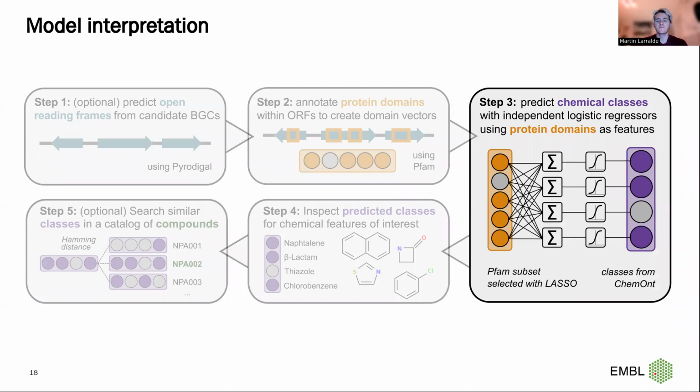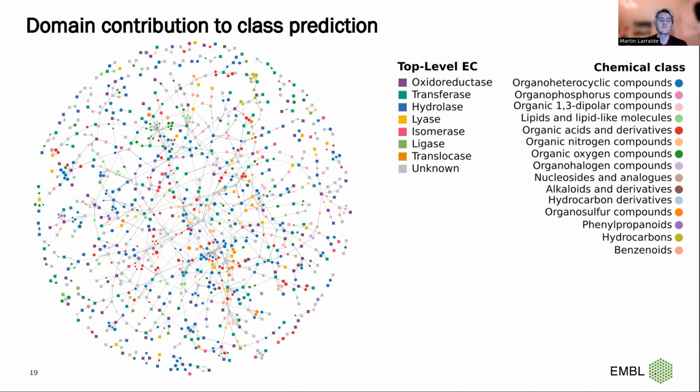Finally, one of the key interesting results of using a logistic regressor for this task is that we can train it with a lasso, which clearly increases the sparsity of the learned weights for each regressor. It means that for each class, we can now extract which weights contributed to the classification and build a network. So in this network, I extracted for each class the two most contributing domains as learned by the logistic regression model and basically linked them.